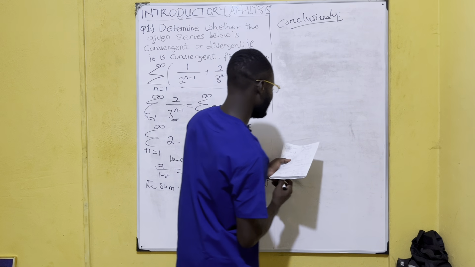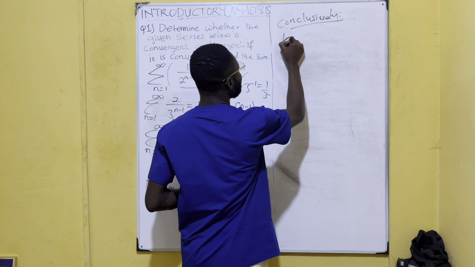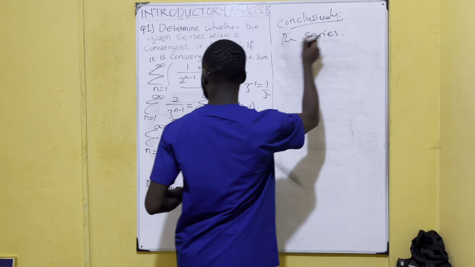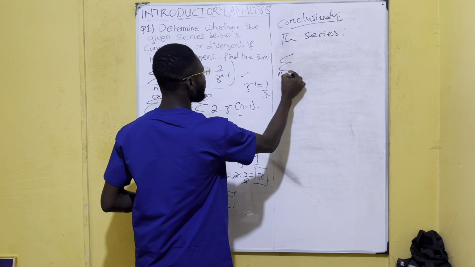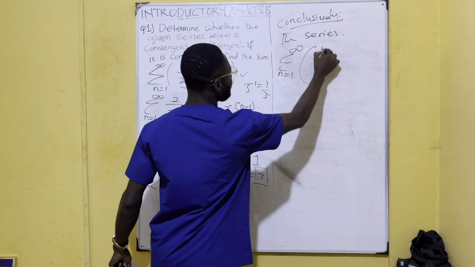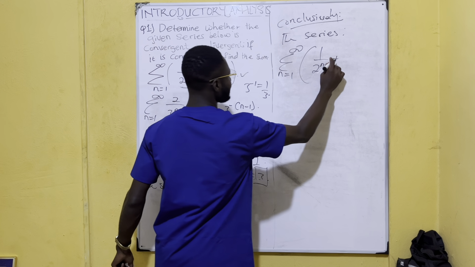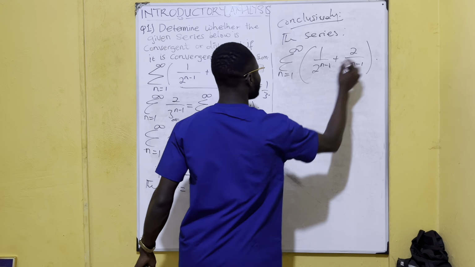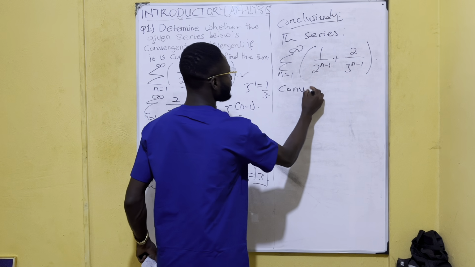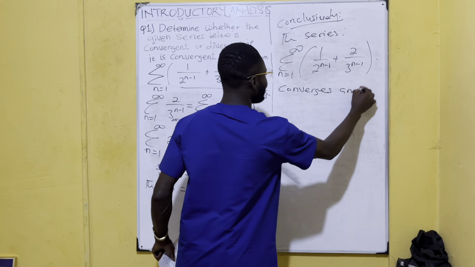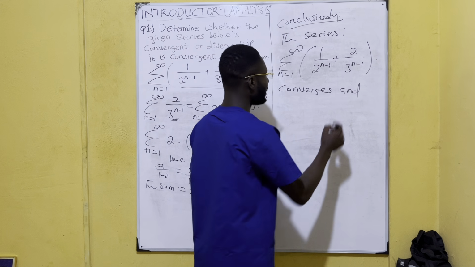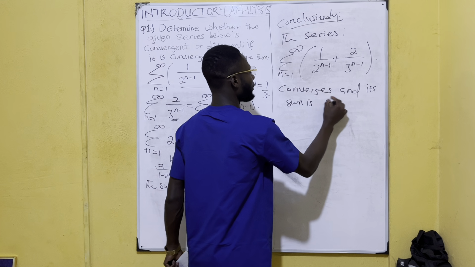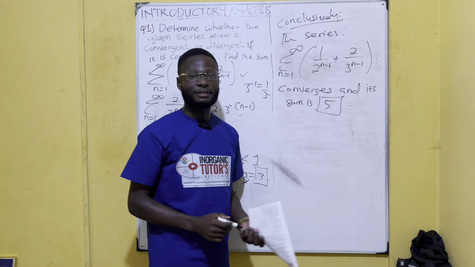So conclusively, the series, of which this was the series summation from n equals 1 to infinity of 1 over 2 to the power n minus 1 plus 2 over 3 to the power n minus 1, converges, and its sum is 5.